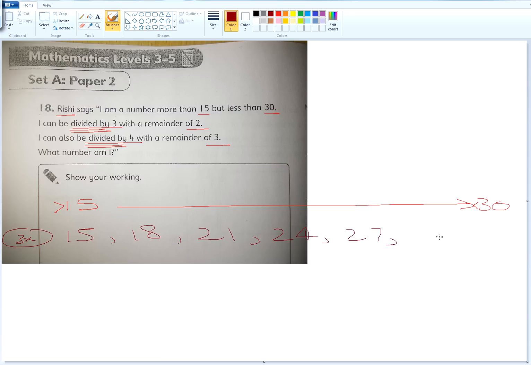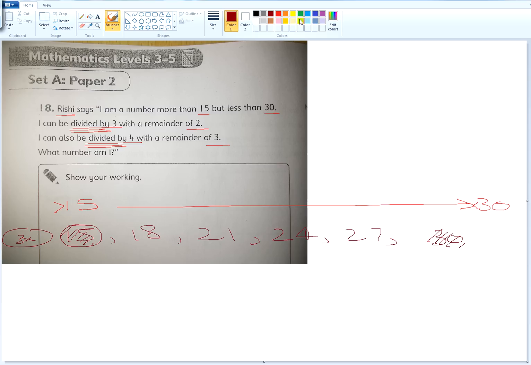Remember it's going to be less than 30, so we put 30 here, but we can't use it because it's not allowed. And we can't use 15 because it's got to be more than 15. It's there, but we know we can't use it.